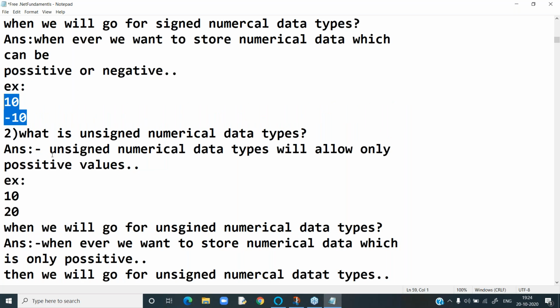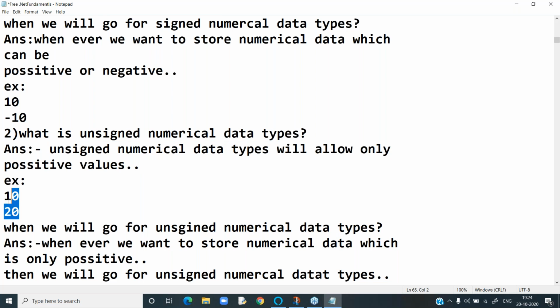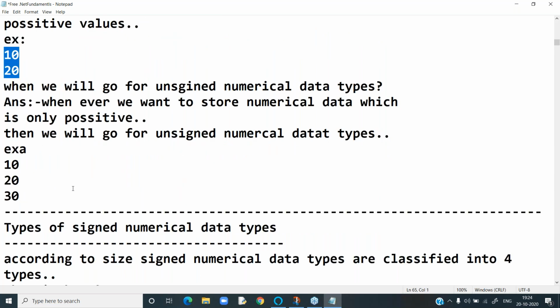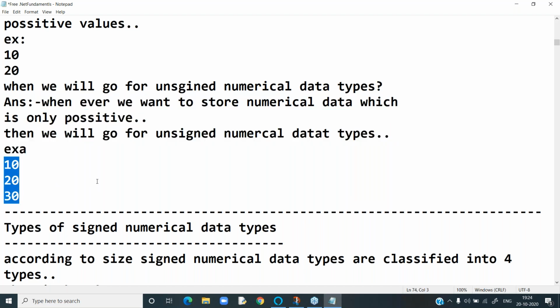Yesterday's class I'm repeating. Unsigned numerical data types will allow only positive values, that is 10, 20. We go for unsigned numerical data types whenever we want to store numerical data which is only positive, that is 10, 20, 30, like that.